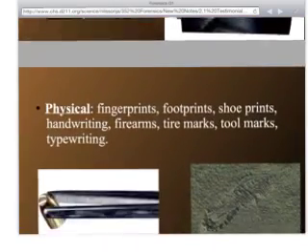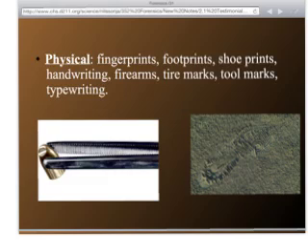Physical evidence is usually when objects come in contact and how that manipulates a surface or an object. Fingerprints, obviously, when you touch a surface, if you have blood on your hand or just oils. Impression evidence, we're hopefully going to do a little bit of work on impression evidence, shoe prints and the like.